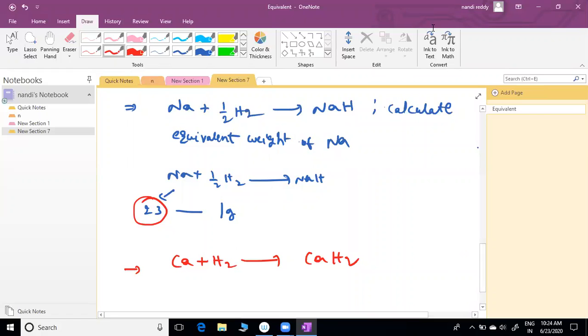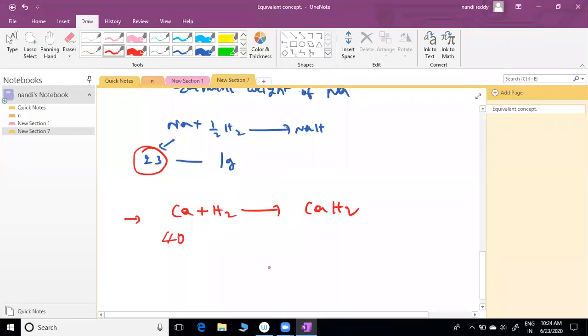Yes, some are asking, why not 16 grams? Yes, I will give the reason, sir. That is also a reason I will give. You don't worry, everything I will give the reason. So same here, 40 grams combined with 2 grams of hydrogen, but our definition is for 1 gram, how much?